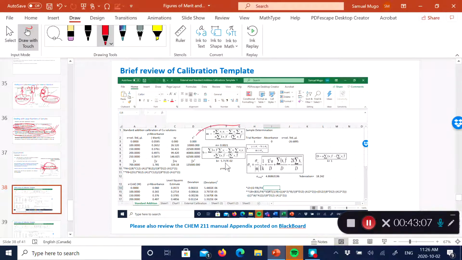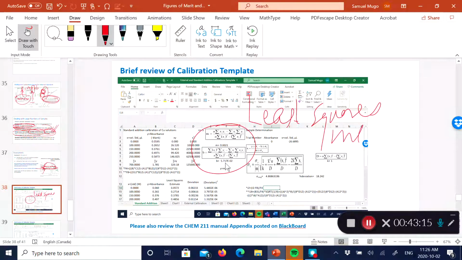And when you use these equations, typically that is what you call the least squares method. And this is where you generate the equation of the line, y equals mx plus b, just by calculating the m, and calculating the b.